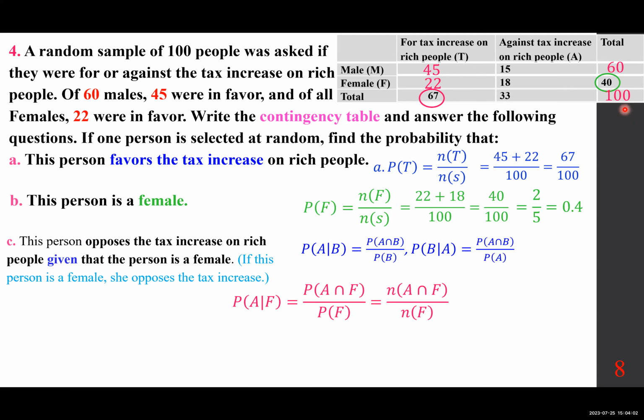So your total sample space shrinks to what comes after the given. After the given is female.